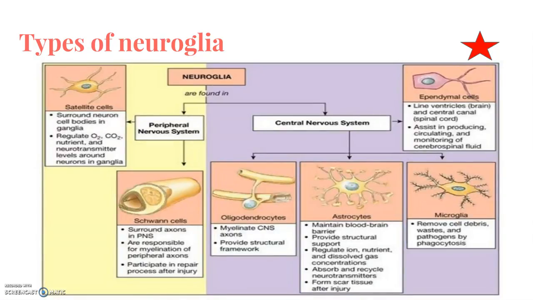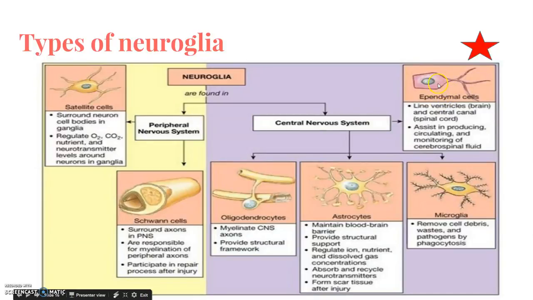All right, this is where I'm going to need you to pause this on your own and look over each of these different types of cells. Notice there's a star at the top. Pay really good attention to this ependymal cell and look in your book because actually there's two types of ependymal cells. They're found in the central nervous system, not in the peripheral nervous system, so you'll find them in the brain and the spinal cord.